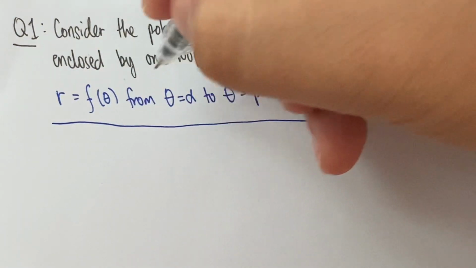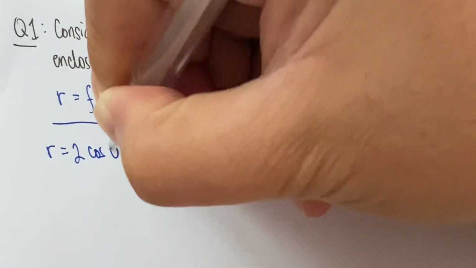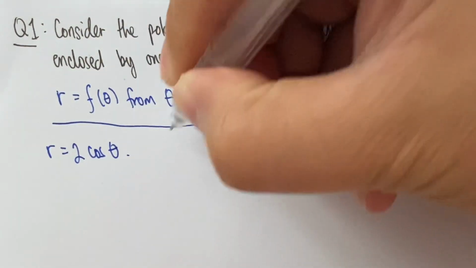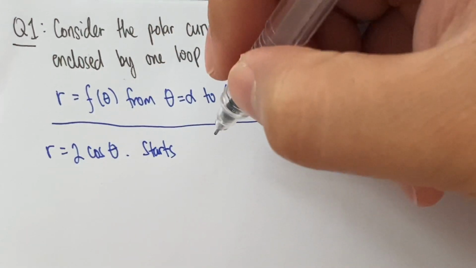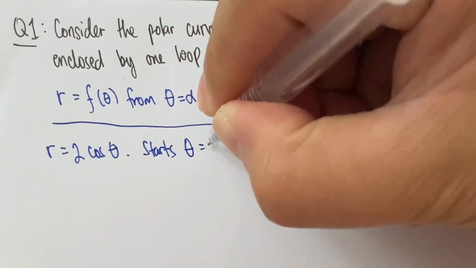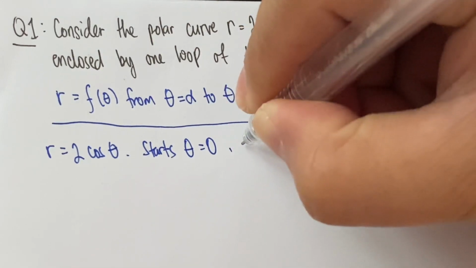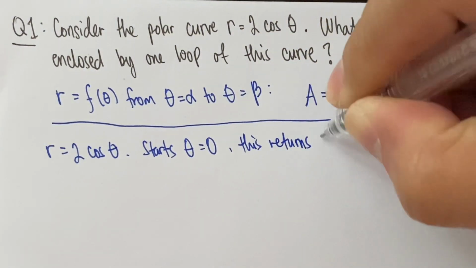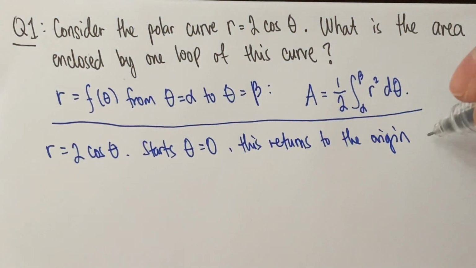Since our curve is r equals 2 cosine theta, the curve starts at theta equals 0, and it returns to the origin when r equals 0.